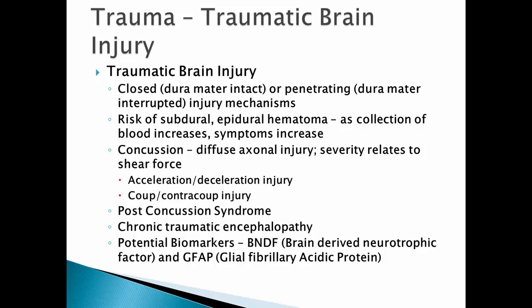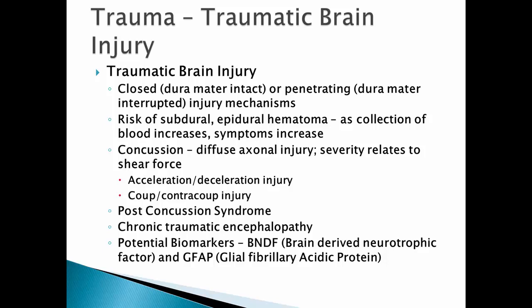So we know that because it supports the survival of the existing neurons as well as being important in growth and differentiation, and where this occurs, we know that we need this for learning and memory, and our executive functions. So this is essential for long-term memory. What they've identified is that there is a correlation of BNDF and recovery of concussion.